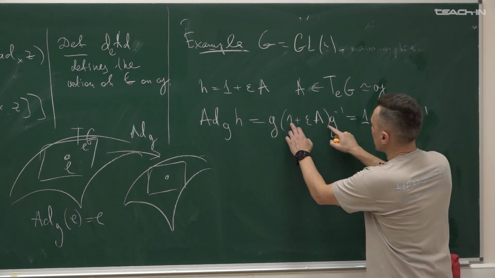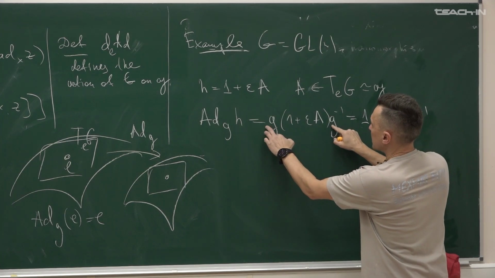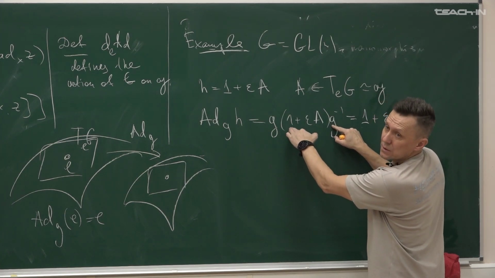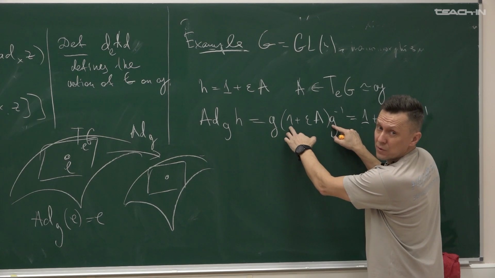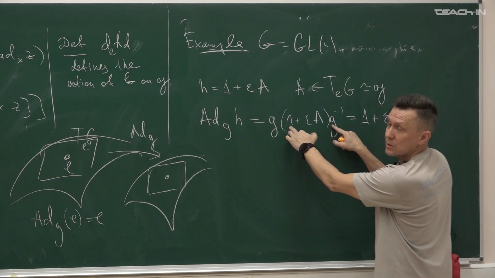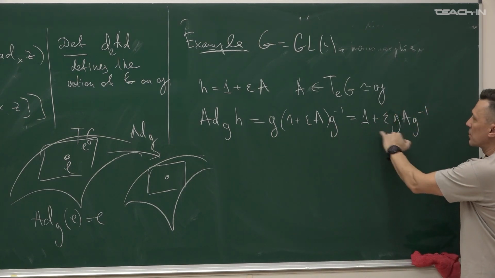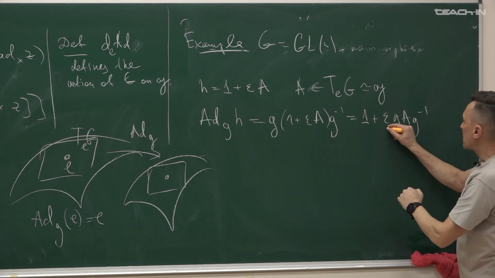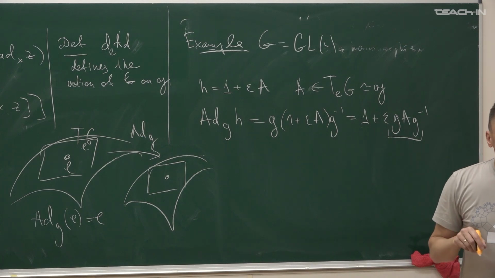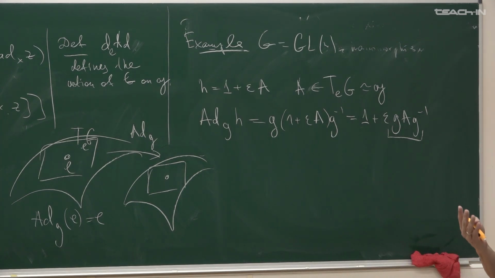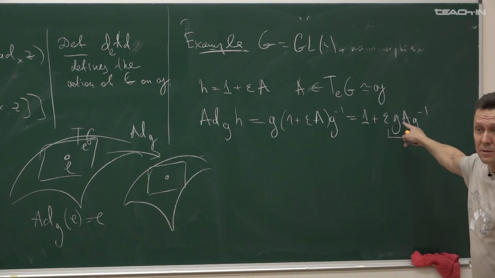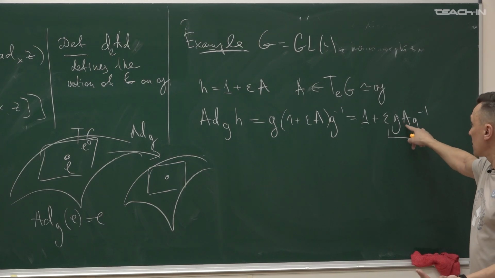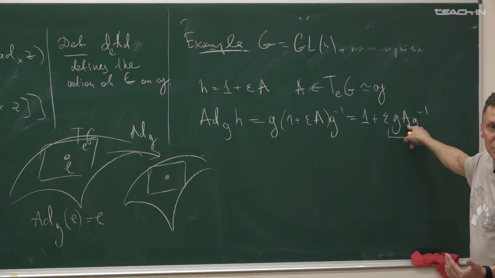So it illustrates exactly that the action of g on 1 is 1. So the unit point of the group is the stable point. So we get again the element of the same form with small epsilon. And this represents the differential of the adjoint action on the element of the Lie algebra. You see? So it's again the conjugation, but we now consider A as an element of the Lie algebra.